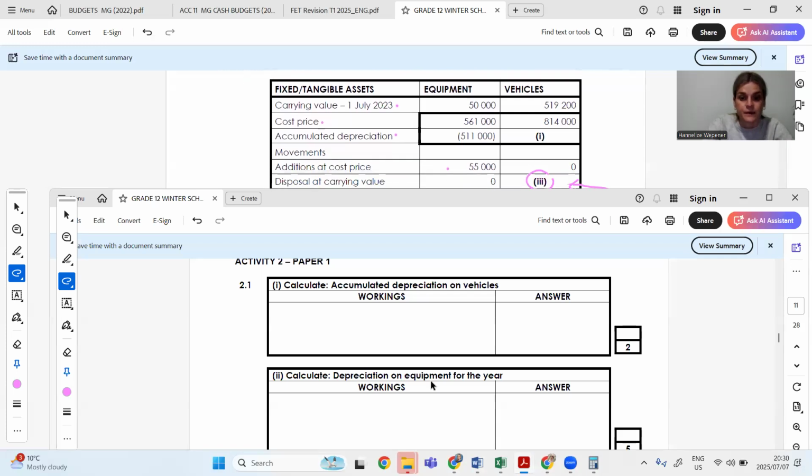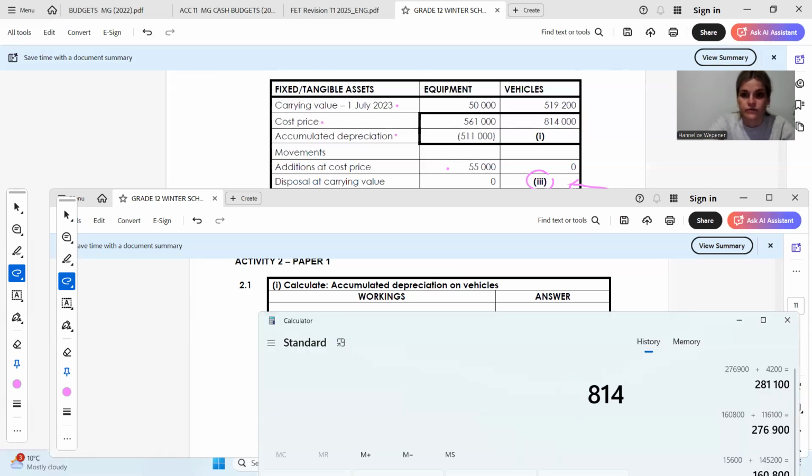Yes, okay, right. So accumulated depreciation on vehicles, we said cost minus accumulated is equal to carrying. Therefore, we can also say that cost minus carrying value is equal to accumulated depreciation.